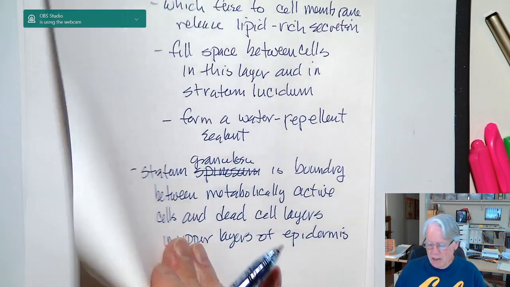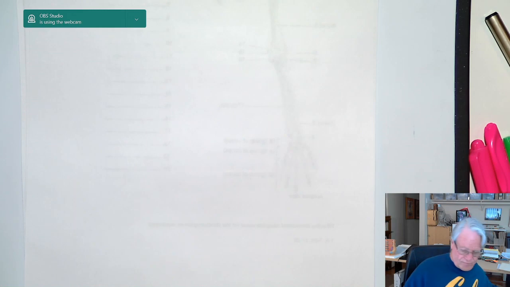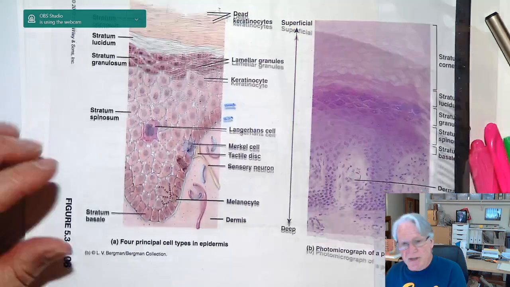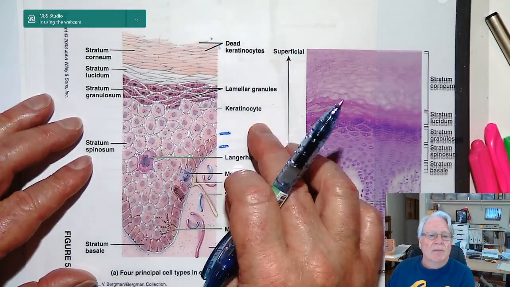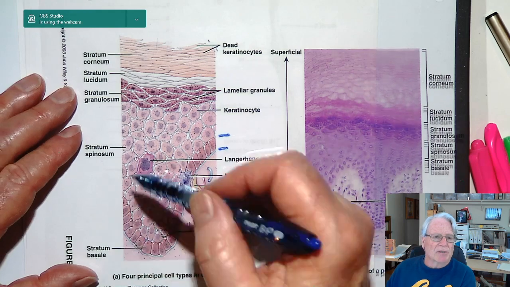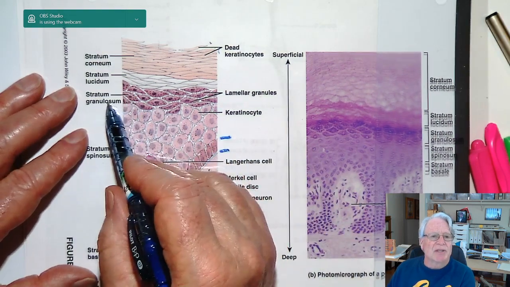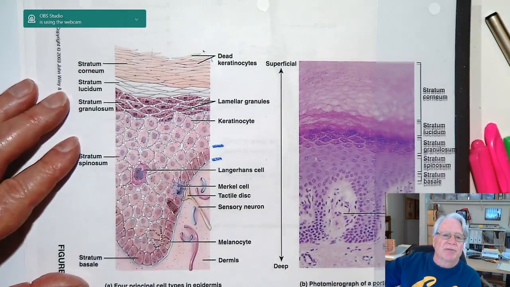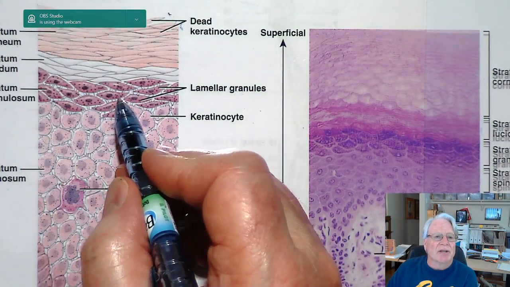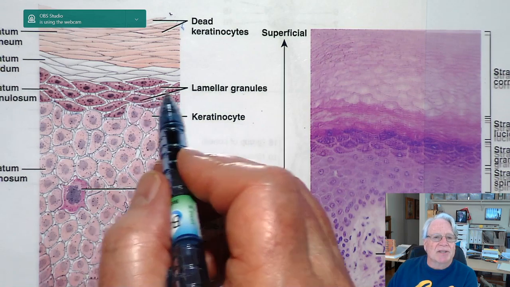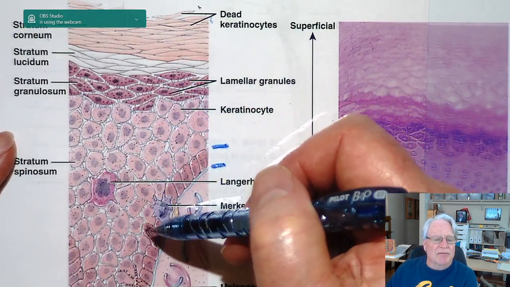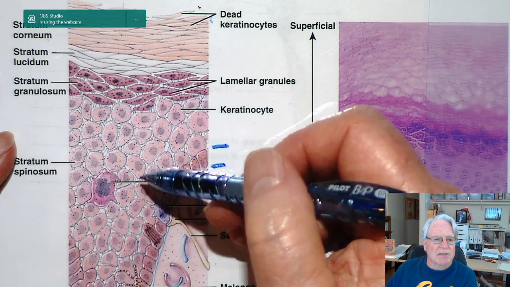Let's go ahead and get that visualized. Okay, so we talked about the stratum basale, stratum spinosum, and now we're talking about this layer, the stratum granulosum. And if we look carefully, we do in fact see these little granules in there. And this is the boundary layer. These cells below this layer are still metabolically active.